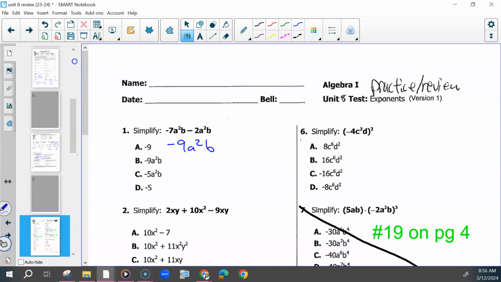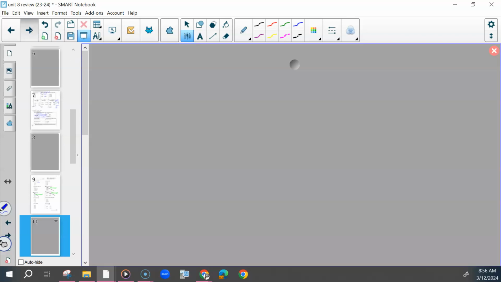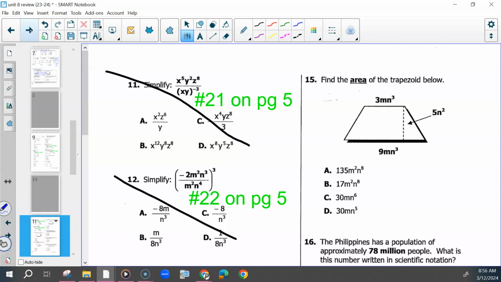Okay, page 6, questions there? If you had something like the area of a trapezoid, I would give you what the area formula is.